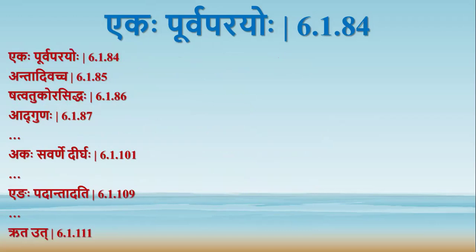This is the list of sutras on which this Adhikara Sutra runs, starting from Eka Purva Parayoho: Antadivacha, Shatvatuko Siddhaha, Adgunaha, up to Rutavut, 6.1.111. This Eka Purva Parayoho Adhikara is applicable. So we studied Eka Purva Parayoho Ekaha Adeshaha.